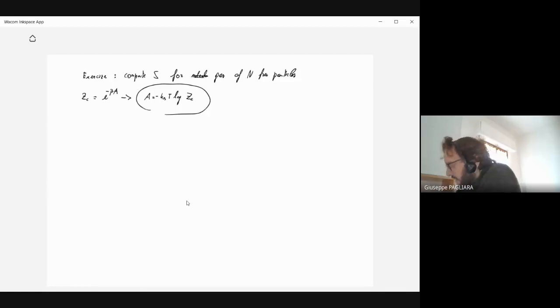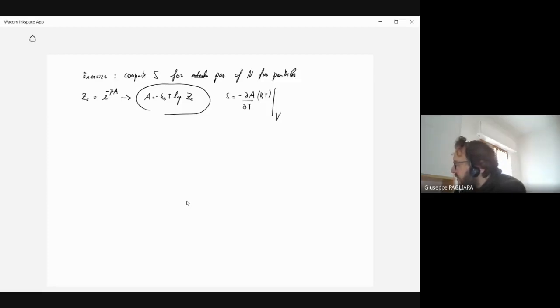And now let us remember that the entropy, this was the relation that I've used before, is minus the derivative of A with respect to T. A is a function of V and T, and therefore this derivative, to be more precise, must be computed at fixed volume. Okay?